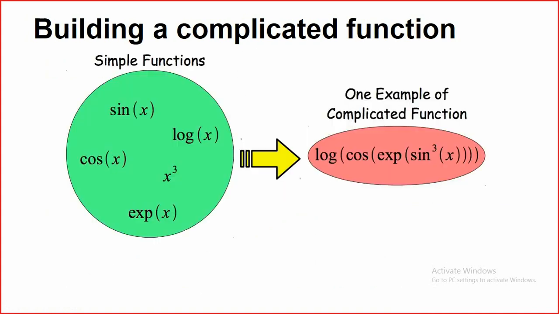So in the first method, as you can see, we have some simple functions, and for example, genetic programming tries to find the most appropriate functions by combining these simple functions in order to find the mapping function, because we have some pixels in the image.